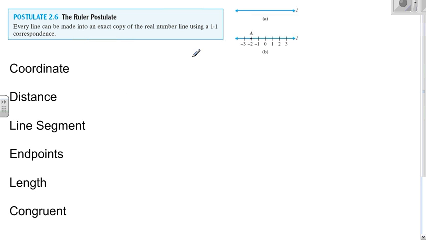Coordinates are just a point or a location on the number line. We can talk about distance, and to find distance, you just see an absolute value of the difference of the two things you're trying to find the distance of. That's how far apart they are. But the distance between A and B would be the absolute value of A minus B.